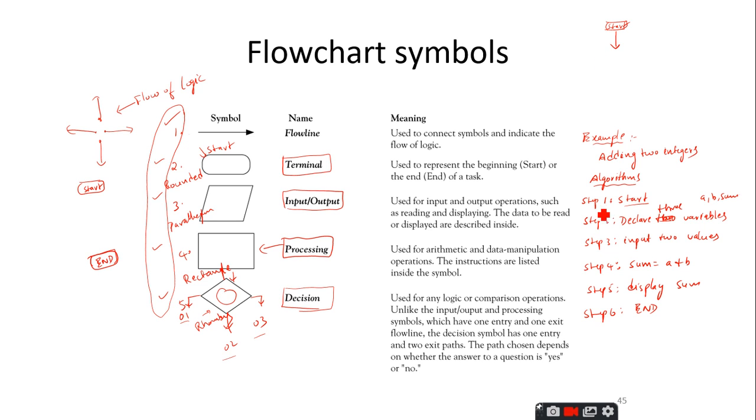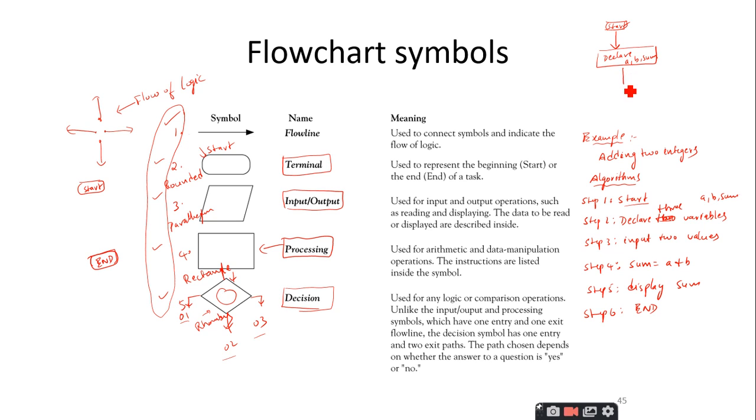The second step should be connected with a flow line, a downward flow line. The second step is declaration of 3 variables a, b and sum. So you can take the rectangle, declare. This is a processing step, that's why I am representing it with a rectangle symbol. Declare 3 variables a, b and sum.